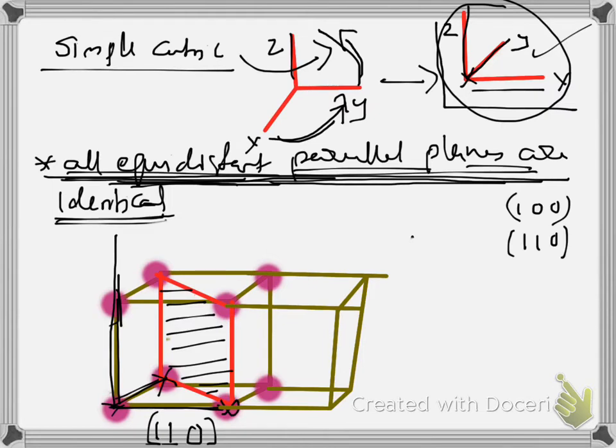There also you have particles. Then you just draw this plane. Then you will get another plane here. This is the next 1 1 0 plane. This way you can draw the 1 1 0 plane, and you need to draw only a single cube.